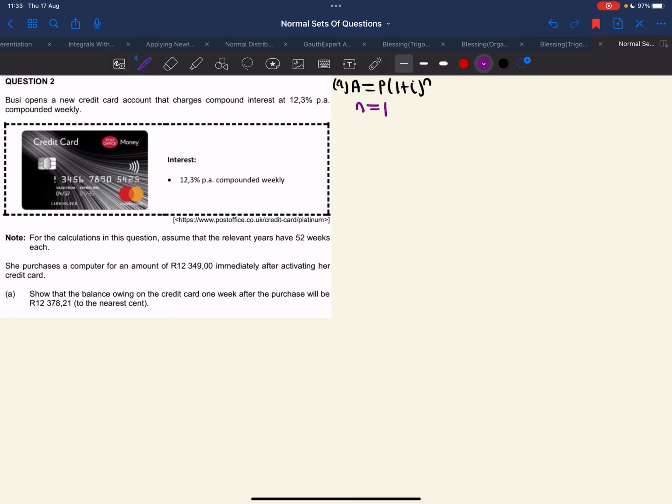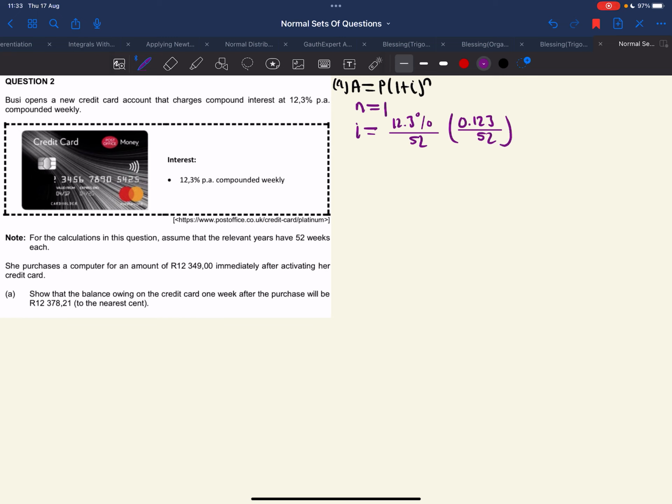So our i in this case is basically going to be 12.3% divided by 52. In a simpler way, 12.3% is the same as saying 0.123, and we can divide all of that by 52.